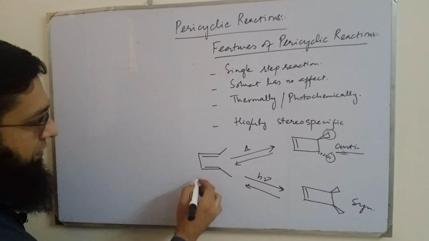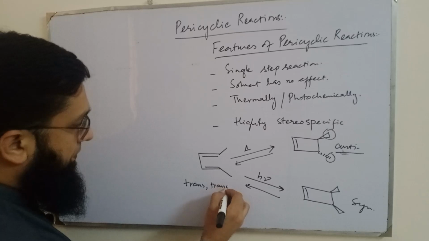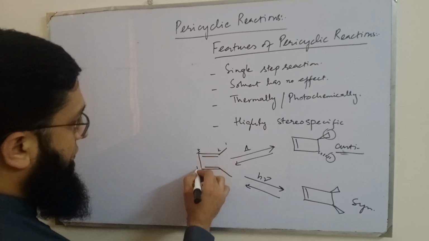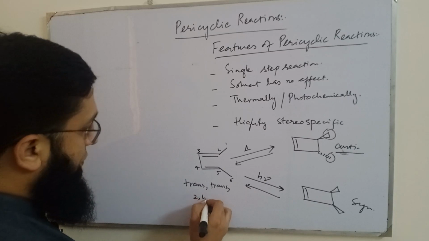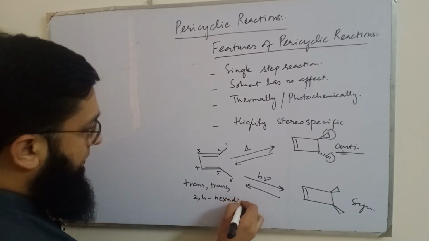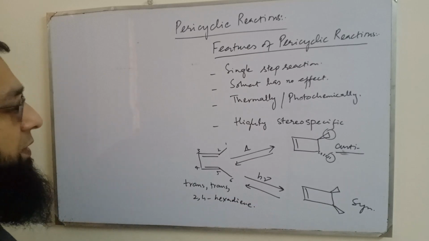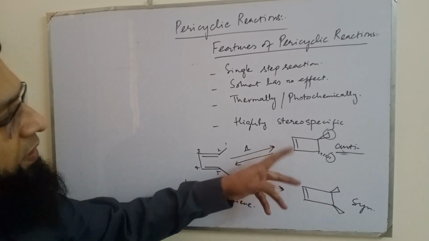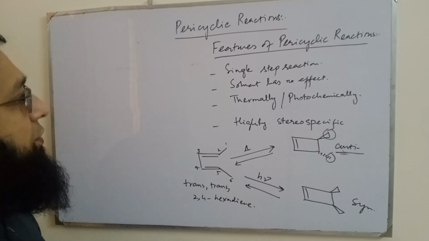And this is trans-2,4-hexadiene. So these reactions are highly stereospecific, and thermal or photochemical conditions can influence the formation of different isomers. However, they are still stereospecific. So I hope this is all clear to you.